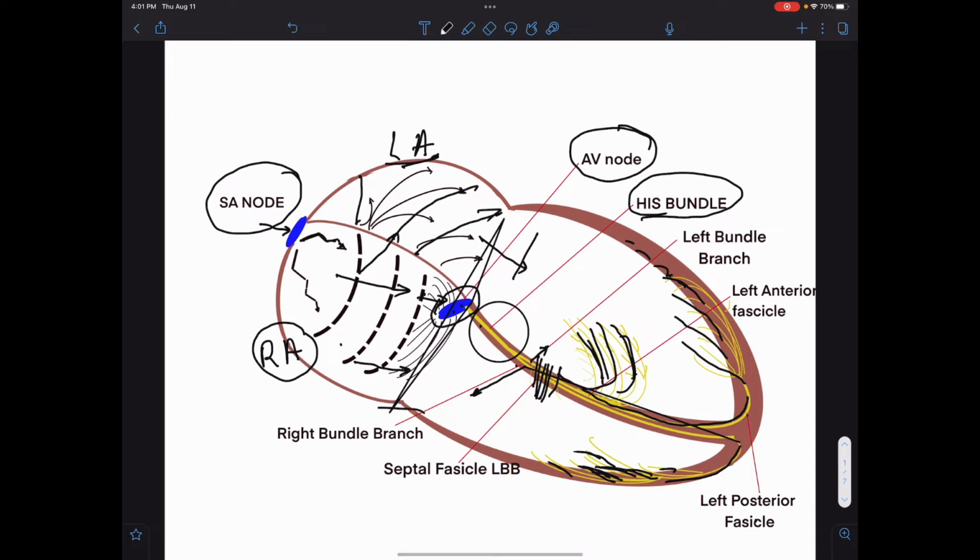Now, the right bundle branch and the left bundle branch originate from the bundle of His, and the right bundle goes to the apex and then turns upward, whereas the left divides into three parts, that is septal fascicle, anterior fascicle, and the posterior fascicle.